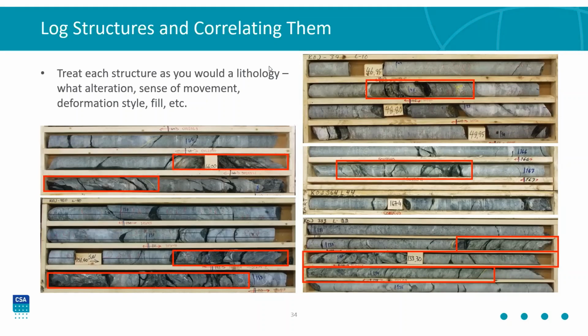So that is fault one. That is the shear with the chloritic alteration, whereas that's the shear with bleaching associated with it or something, right? So trying to characterize them a little bit more than just saying that that's a fault. And this doesn't have to be an oriented core. This can be an oriented core as well.